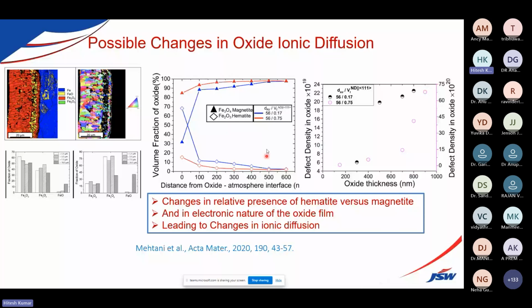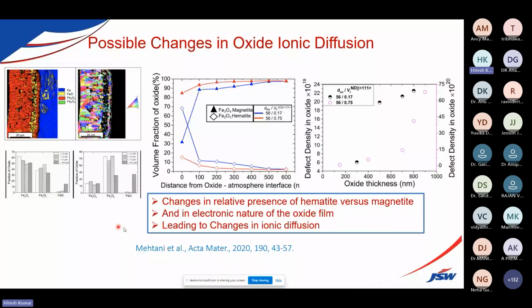Let's suppose you oxidize it for a longer run and try to find out how much hematite as well as how much magnetite formation there is in the oxide scale. That will also be calculated with the help of this. So what we observed is that when we have a more textured material, with gamma fiber, we are getting more magnetite structure.